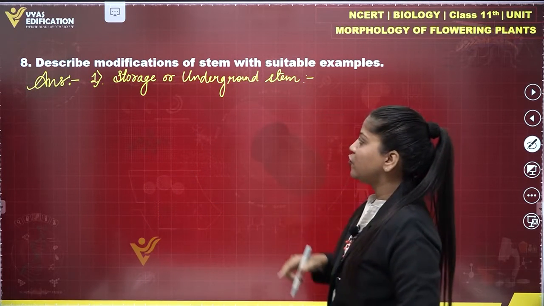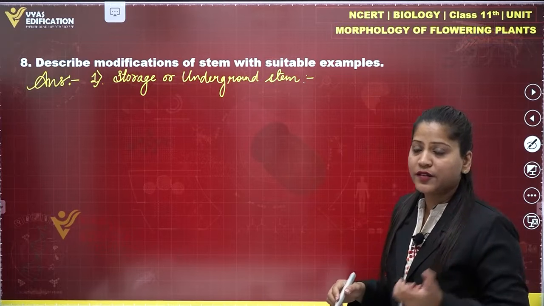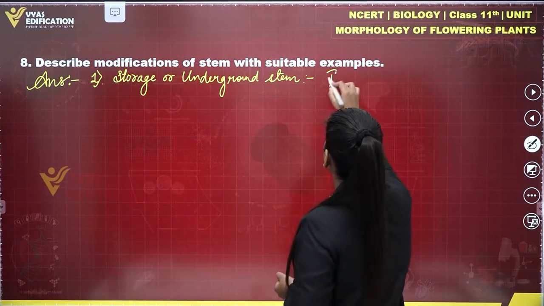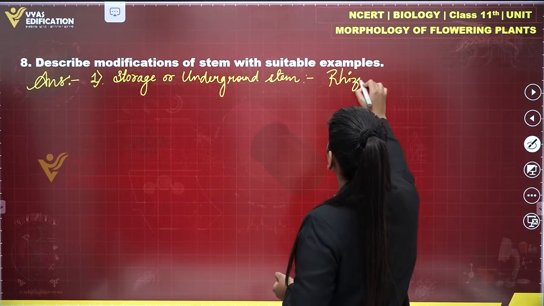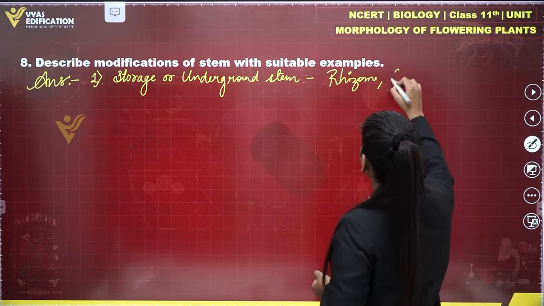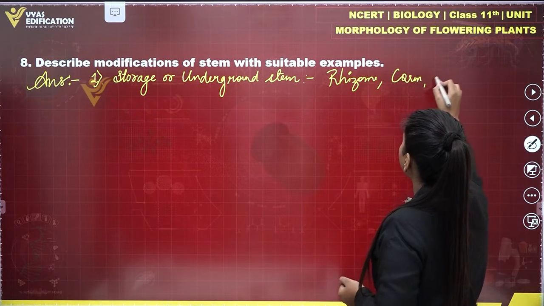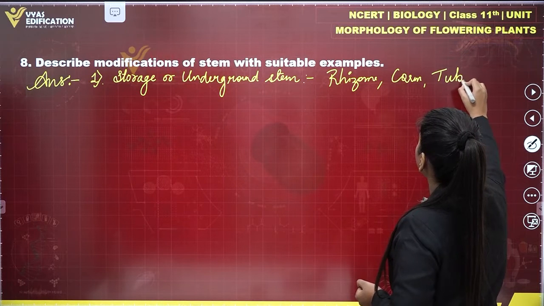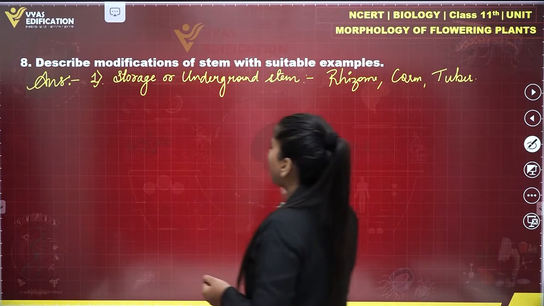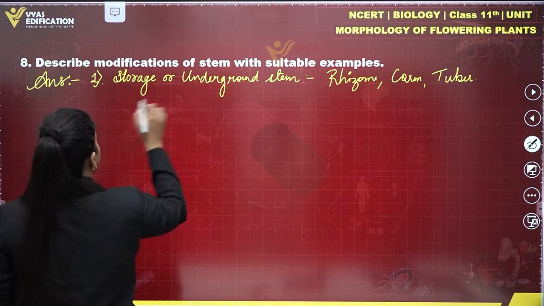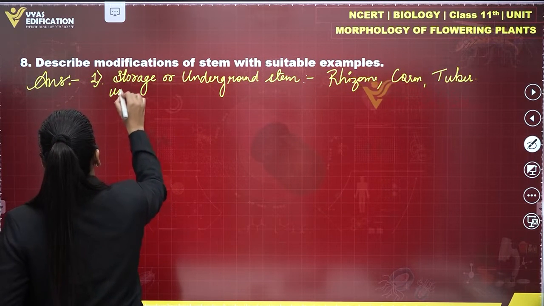Now what happens in the storage and underground stem? We have rhizome here, we have corm, we have tuber. If we talk about the rhizome, then this is the underground stem.